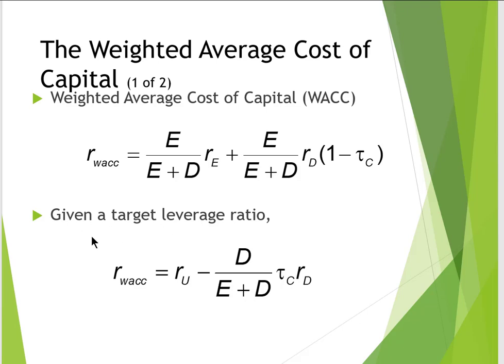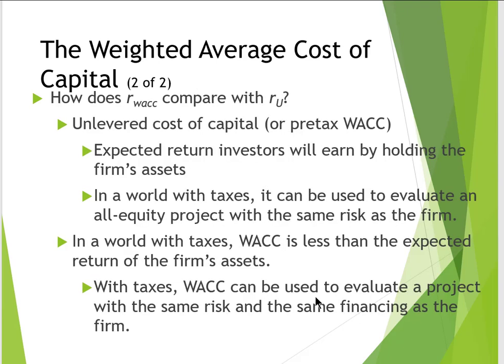So if we have a specific target leverage ratio, then what is the weighted average cost of capital? It's the unlevered cost of capital, where U is unlevered, minus the proportion of debt times the tax rate times the cost of debt. So how do these two things compare with each other?